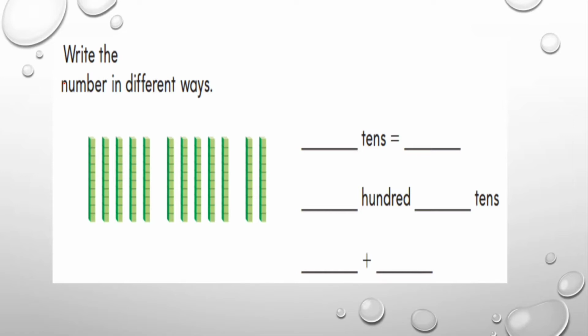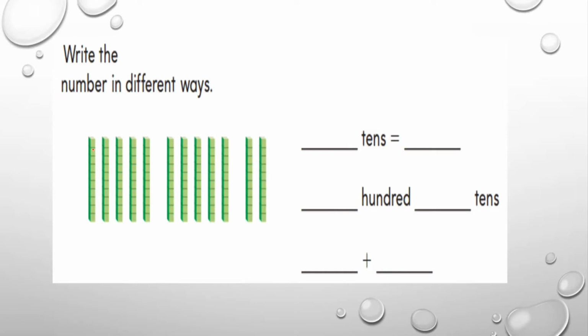Let's see how. First of all, let's know what is the number that we have here. We know that each line of that represents 10, right? How? If we count it, let's count it together. Come on, let's count. 1, 2, 3, 4, 5, 6, 7, 8, 9, 10.